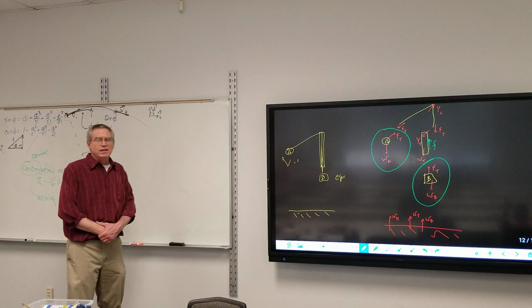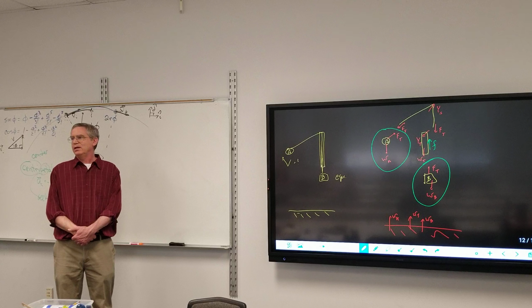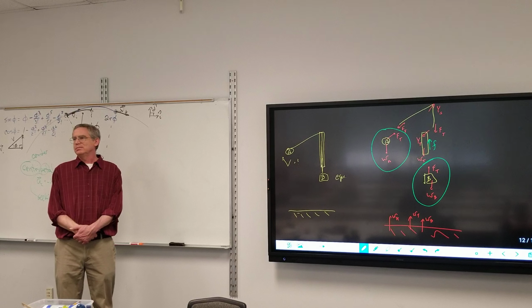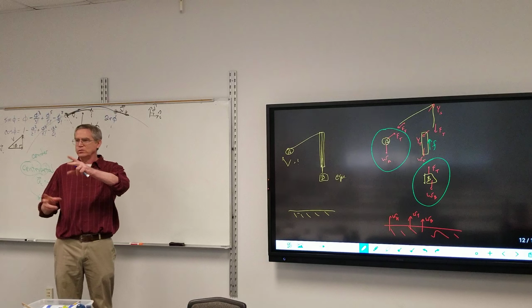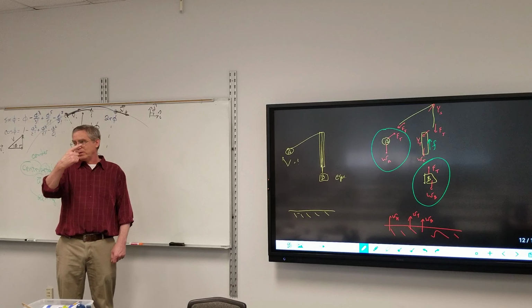In which direction is A accelerating? Towards the center. In which direction is that? Point with your finger. The circle it's traveling in, for those who didn't look, they were pointing that way.